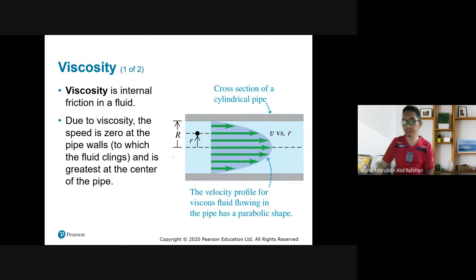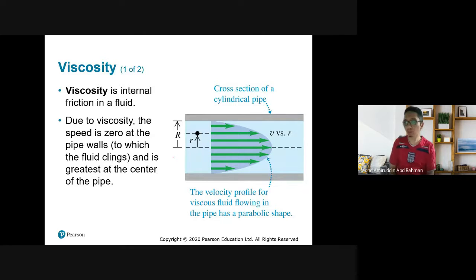It is like when you have to move an object, you have a friction that is opposite to the force that you apply. Similarly inside the water as well. So viscosity is called the internal friction in a fluid.